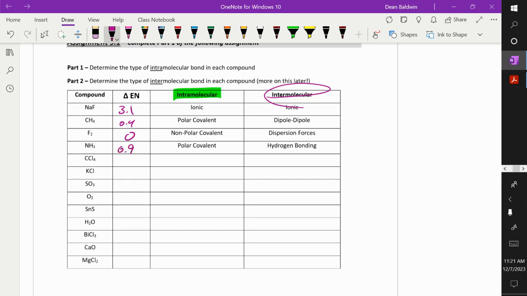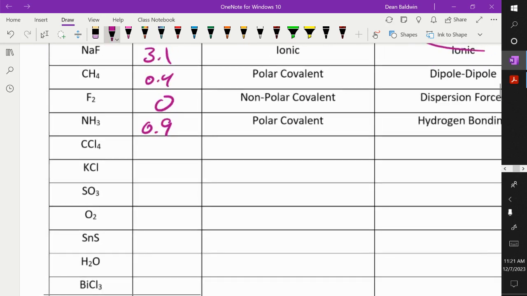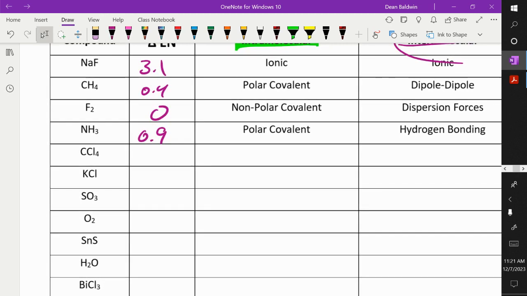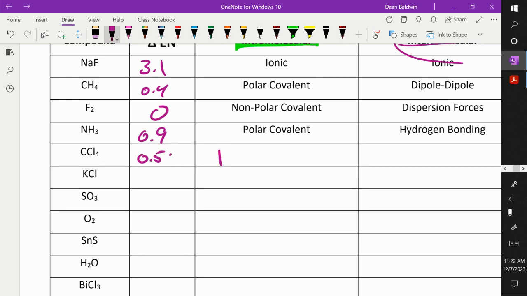That fits in polar. All right. CCl4 is called carbon tetrachloride. That's an organic molecule. We're going to learn how to name organic molecules later on. What is the electronegativity difference of carbon tetrachloride? 0.5? If it's 0.5, you are polar.